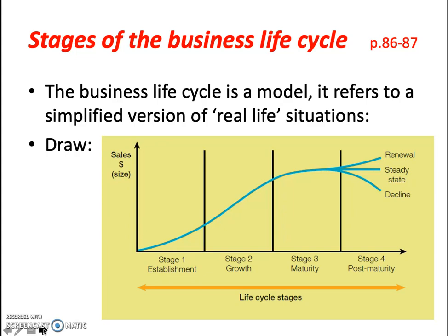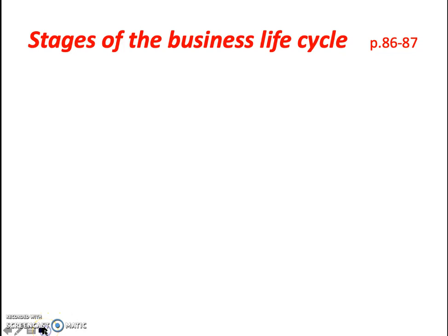This visualization has sales on the left axis and the life of the business along the bottom axis. It shows that the business will grow over a period of time and their sales generally increase before plateauing around the maturity stage. Now, a business can remain in a steady state for quite some time, or decline, or renew their business and change their business model. But again, we'll get to that later.